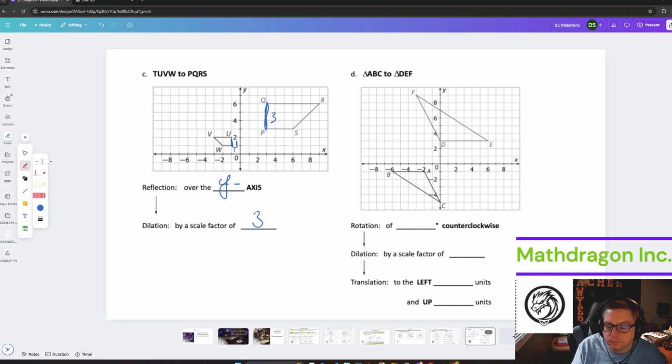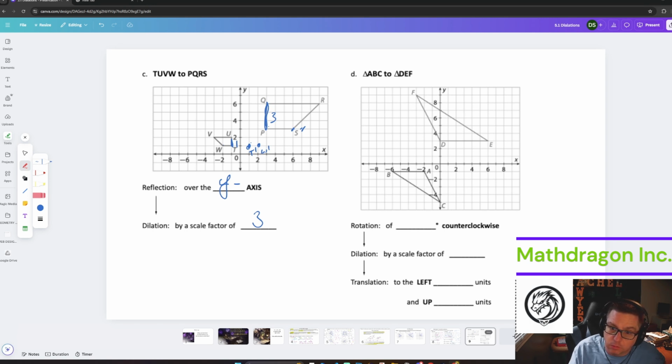But test it out. 1, 1, 3, 3. That's where T prime would be. W prime is 2, 1. Times it by 3. 2 times 3 is 6, and 1 times 3 is 3. So, there you go. So that works.